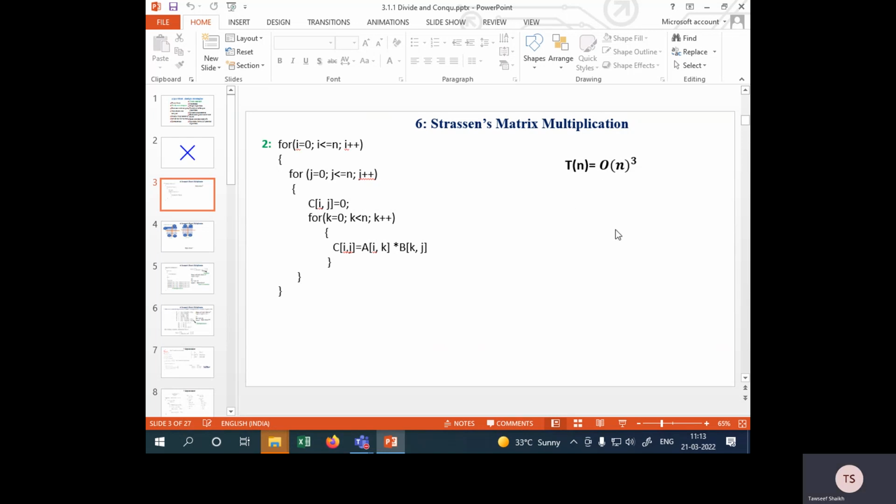Since we need 3 loops to find the matrix multiplication using this iterative approach, its complexity will also be order of n cube, because when we know the number of nested loops, we take just that many. It's 3 loops, so it will be n cube. Simple.